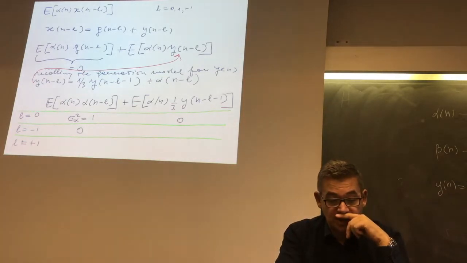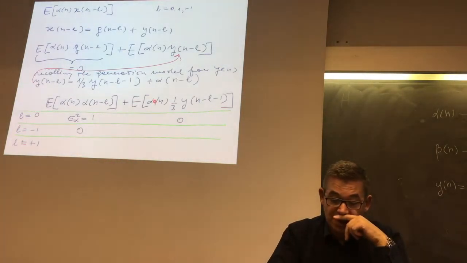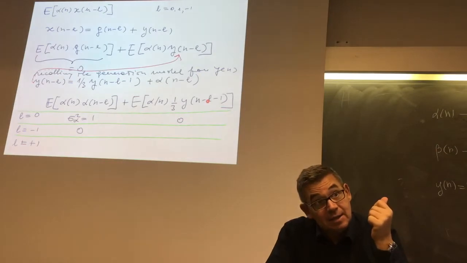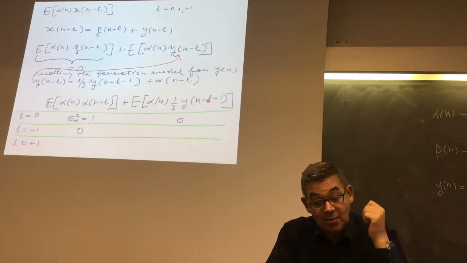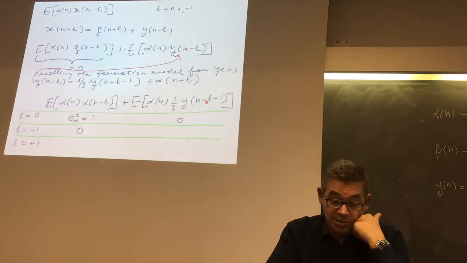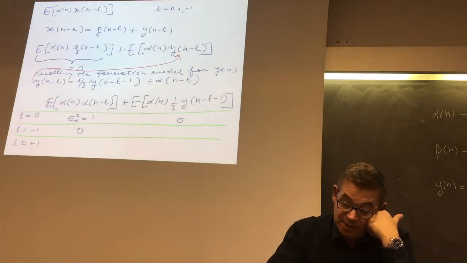What can I say about the second one? The second one is alpha n, and then I have y n minus n minus 1, which is n plus 1 minus 1, so it is y n. So here is the expectation of alpha n, so 1/3 alpha n y n.